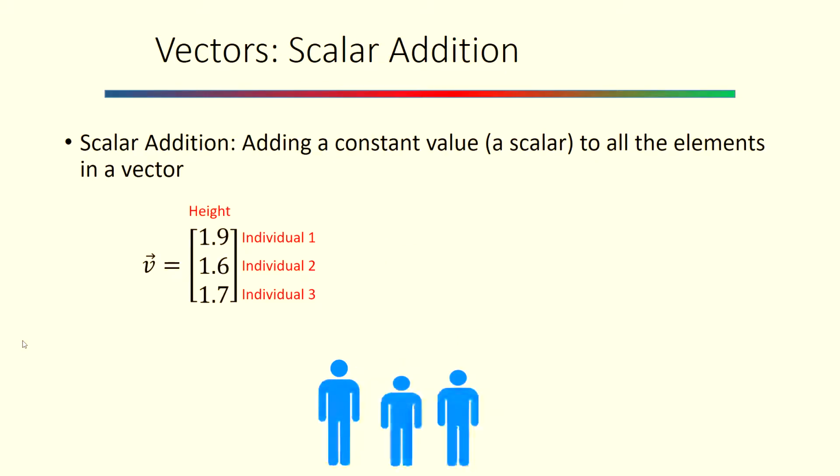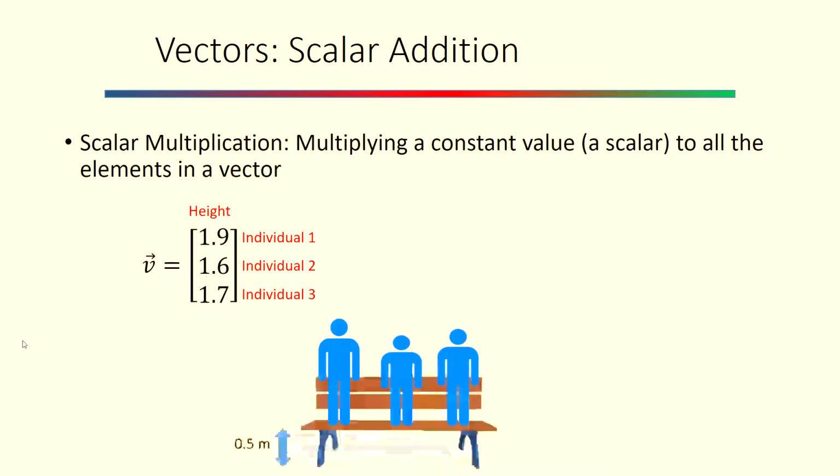Okay, now let's talk about a concrete example. Our first example of a vector was a vector recording the height of 3 different people. Now, if those 3 people all step onto a bench that is half a meter tall, we can calculate their apparent heights by adding the scalar 0.5 to the vector v. Let's now call this new vector of their apparent heights h. h will be equal to the vector v plus the scalar 0.5.